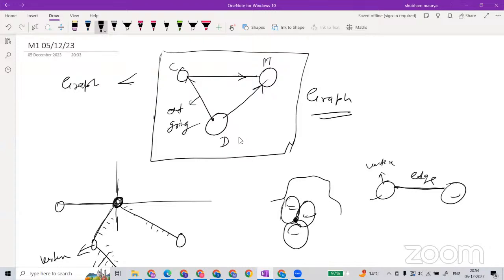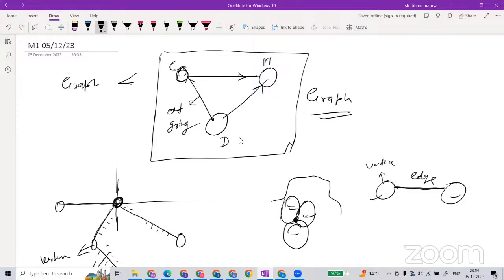The same edge is an incoming edge for the city Chennai. So if you want to go to Delhi, you cannot, because there is no route. But if you want to go to Chennai, there is one route from Delhi.